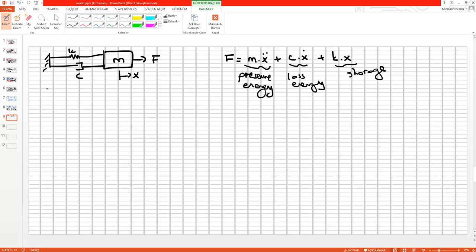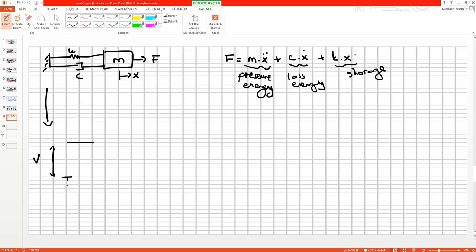But how can we utilize the analogy, or how can we convert this equation or the free body diagram into the electrical one? Firstly, we have a force value, so what's the representation of the force in the electrical domain? Volt, right? The voltage value should be given to any space.